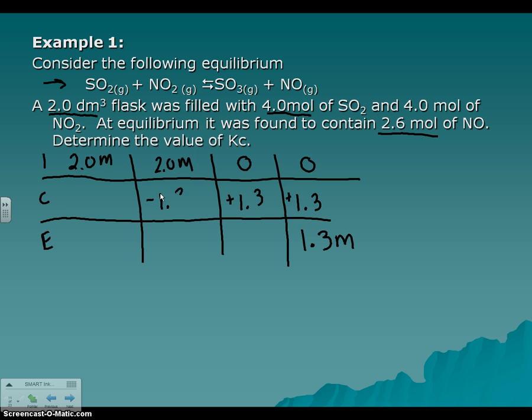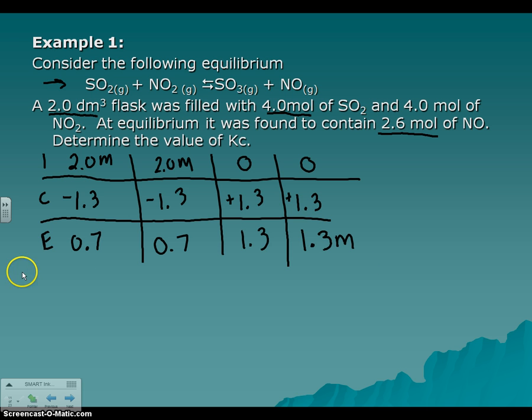This is a 1-to-1 ratio as well, so I know these two are going to be changing by the same amount. I know it's 1-to-1 because of my balanced reaction. E is at equilibrium. I'm going to subtract the change from the initial amount. So at equilibrium, my concentration is 0.7. This concentration is 0.7, and this concentration is 1.3. So that's how I can use this to figure out what my concentrations are.